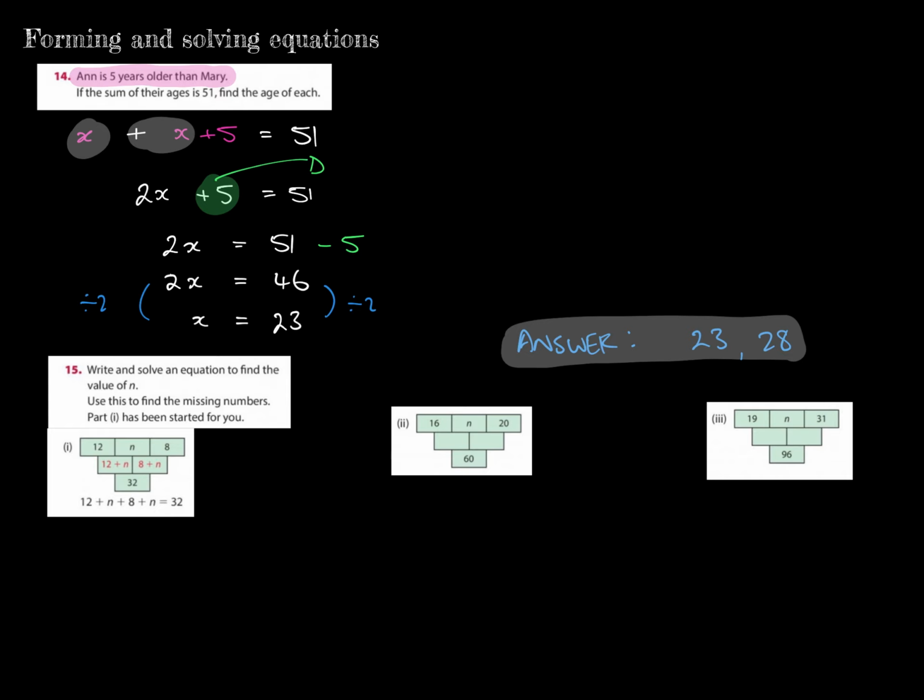So I'm going to finish that one out. I'll start by just writing it out: 12 plus n plus 8 plus n is equal to 32. I can see there that I've got n's, which I'm going to pull together, so that will be 2n.